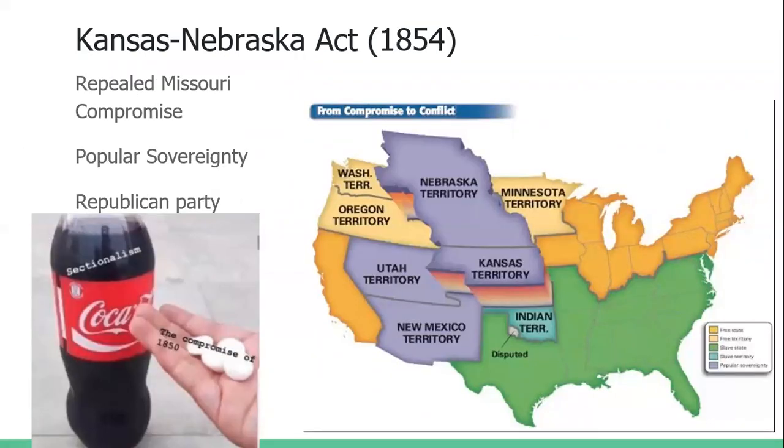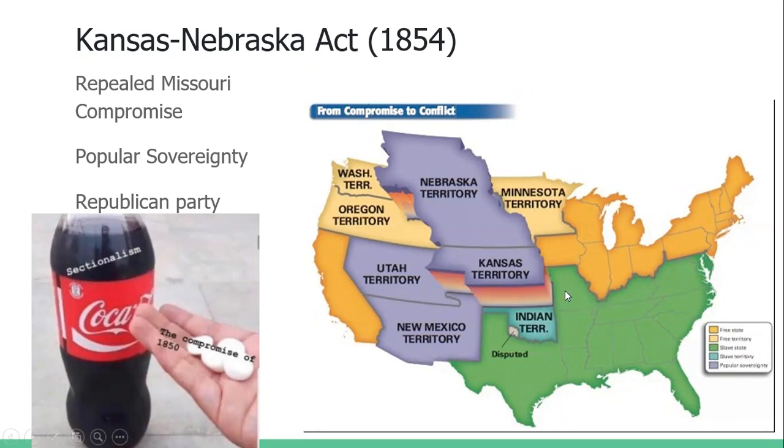The Kansas-Nebraska Act. This is why I brought up them as examples before. Now, the Kansas-Nebraska Act is going to basically get rid of the Missouri Compromise. The Missouri Compromise, if you remember, established a line that follows here from the southeastern tip of Virginia, along the southern border, going all the way through to the Pacific.